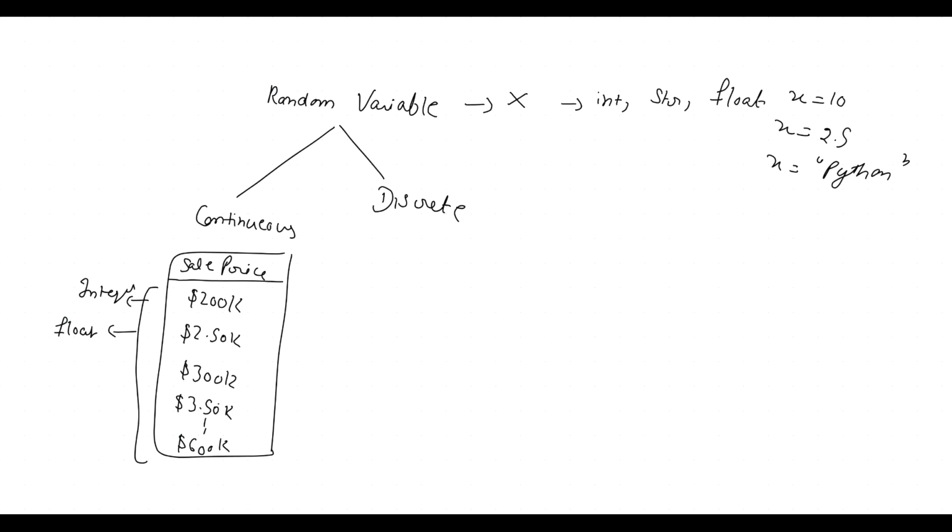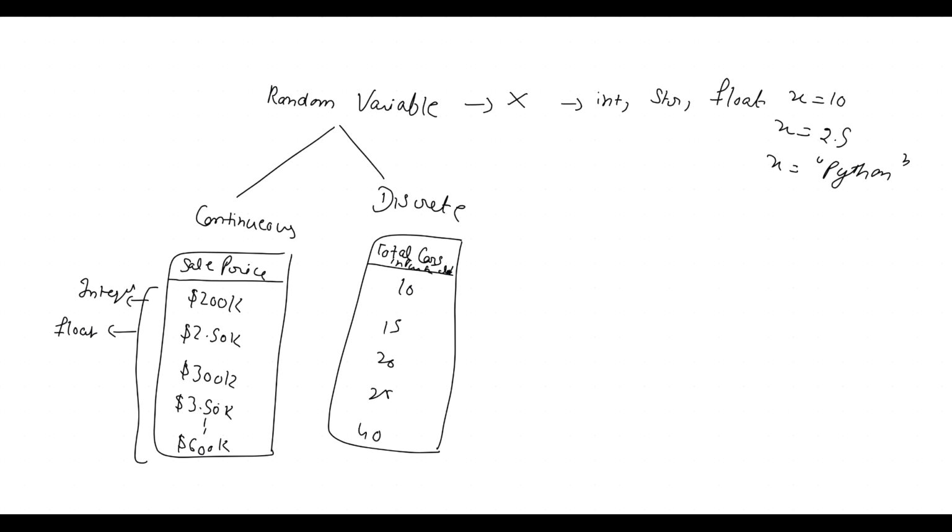But if we take an example of discrete, let's say you want to calculate the total cars parked in different parking lots. So this is, we can say, total cars in parking lot. It can be 10, 15, 20, 25, 40.